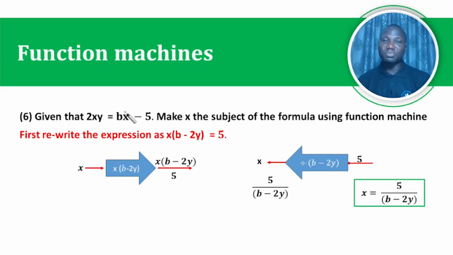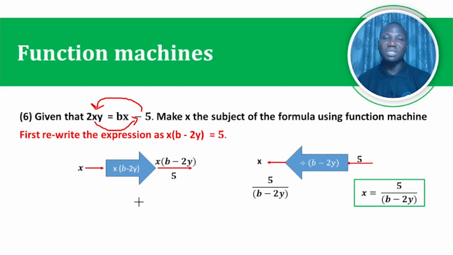So what I will do is to bring the 2 terms that contain x together as like terms. What I did to achieve that is I took negative 5 over to this side, and I took 2xy over to this side.